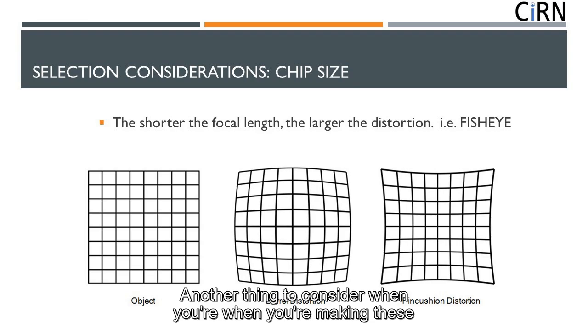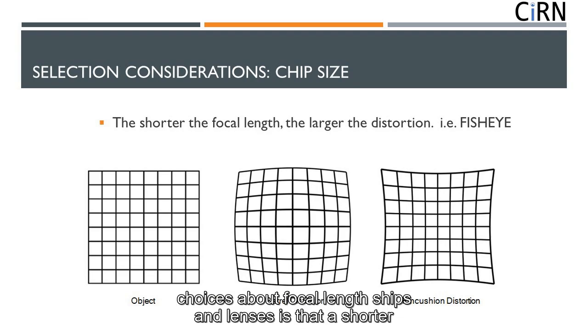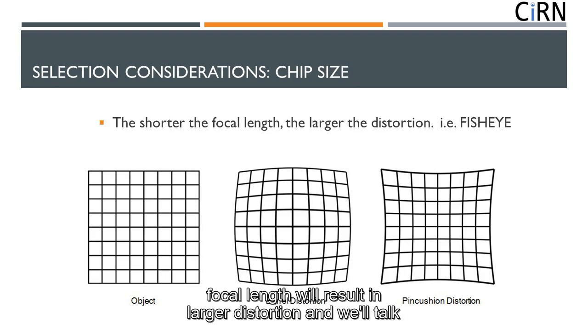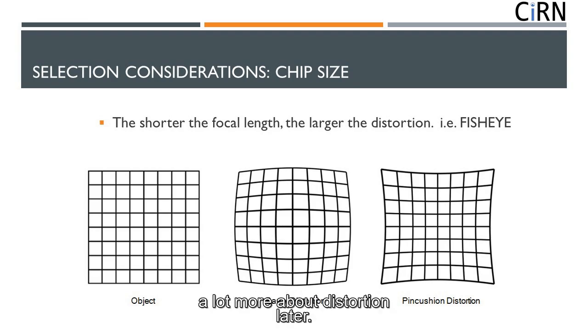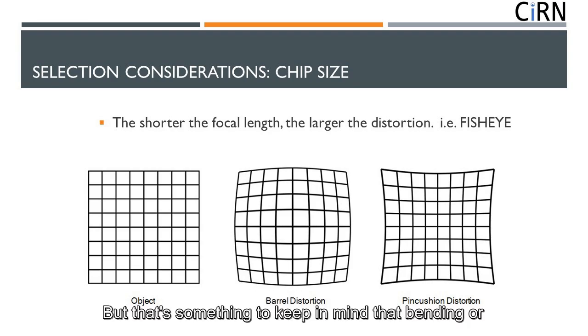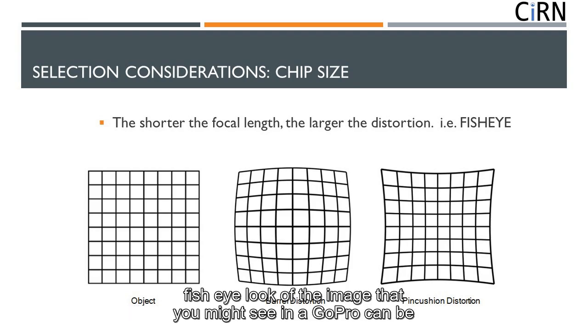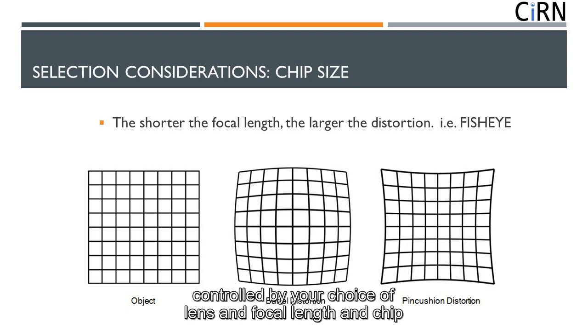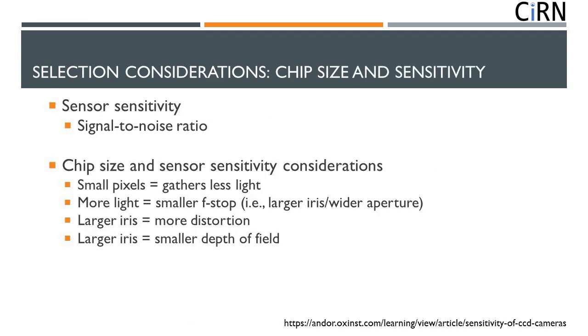Another thing to consider when you're making these choices about focal length, chips, and lenses is that a shorter focal length will result in larger distortion. And we'll talk a lot more about distortion later, but that's something to keep in mind, that bending or fisheye look of the image that you might see in a GoPro can be controlled by your choice of lens and focal length and chip size.